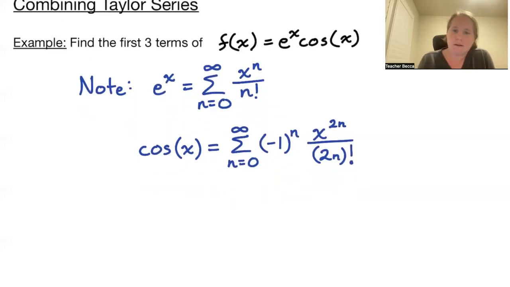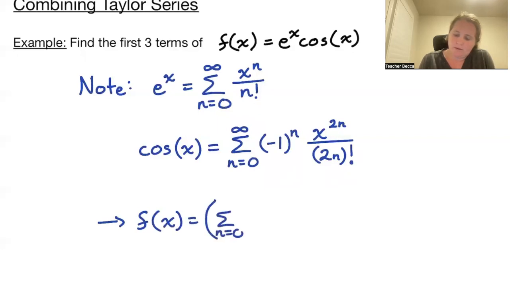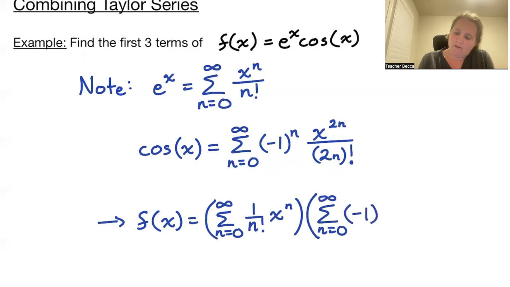So what we get then is that f of x is equal to the sum from n equals 0 to infinity of, I'm going to rewrite this as 1 over n factorial times x to the n, and then multiplied by the sum from n equals 0 to infinity of -1 raised to the n times 1 over 2n factorial times x to the 2n.